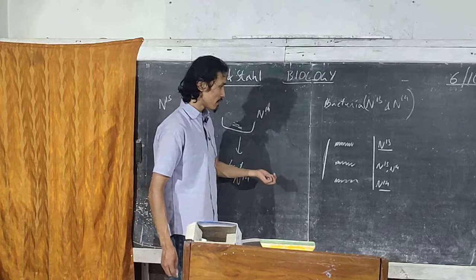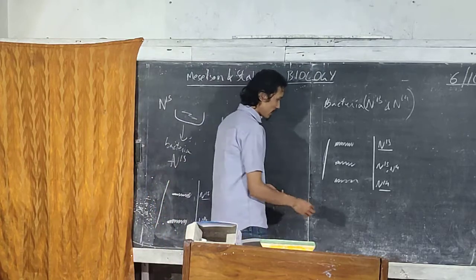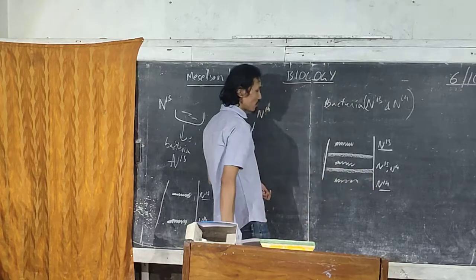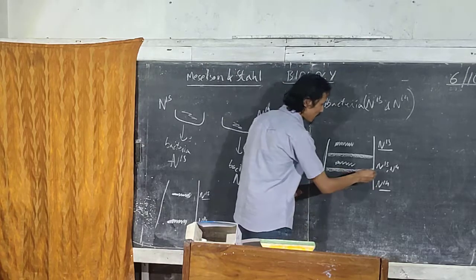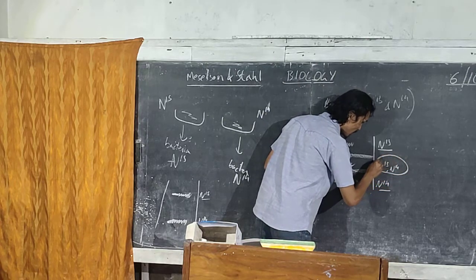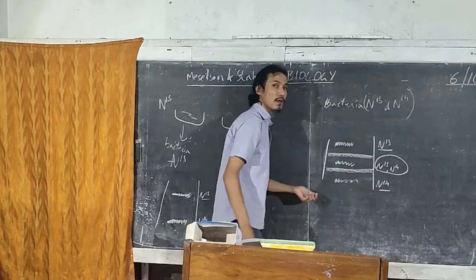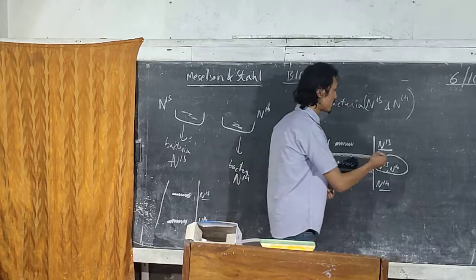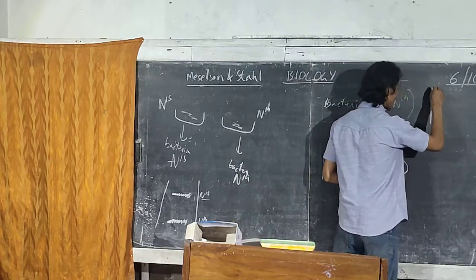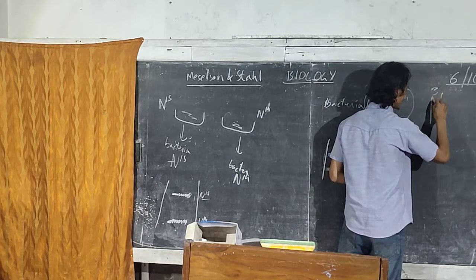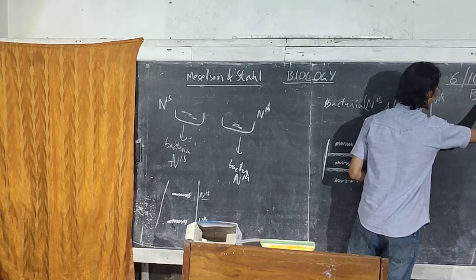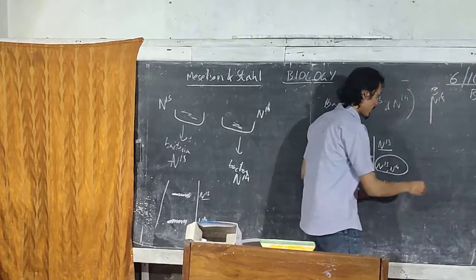But after the second generation onwards, most of the DNA banded in the intermediate region, which shows that both DNA strands now contained or belonged to N15 and N14. By this, what it means is very simple. Bacteria 1 has nitrogen 15, bacteria 2 has nitrogen 14. They started to replicate.